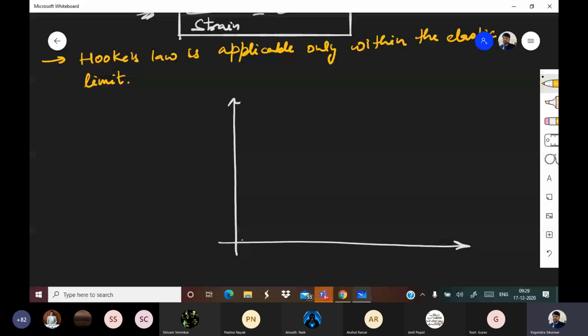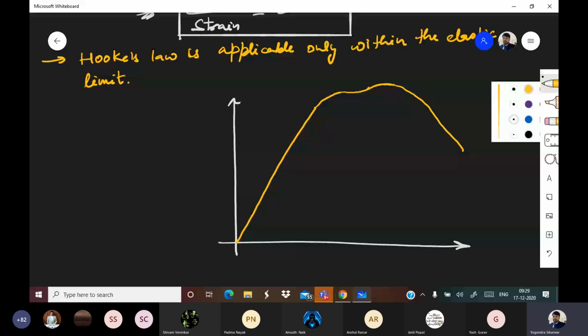So pay attention. Your graph will be somewhat like this. Okay. Now what are the special points in this?